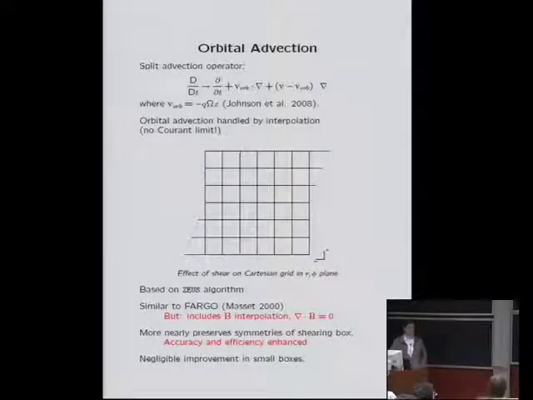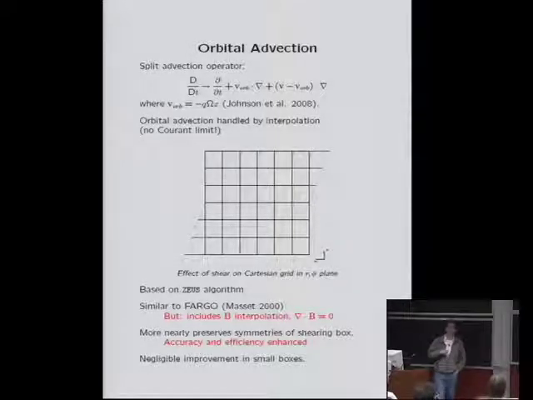Okay, so our solution to these numerical challenges, and it's not the only possible solution, is to use what we call orbital advection. So we split the advection operator into two parts, an orbital piece and a perturbed velocity piece. And here in the shearing box, the orbital piece is just the usual shear flow.